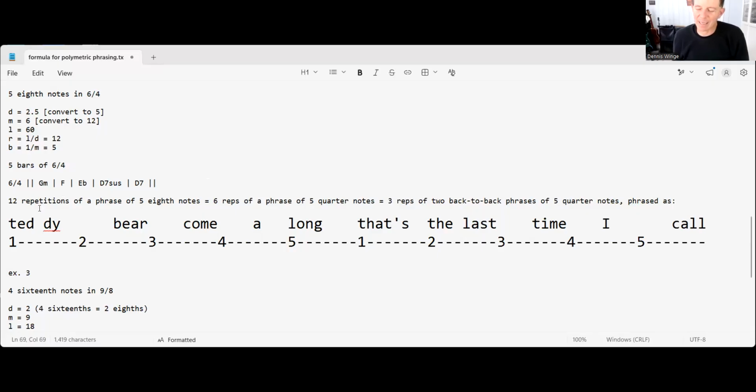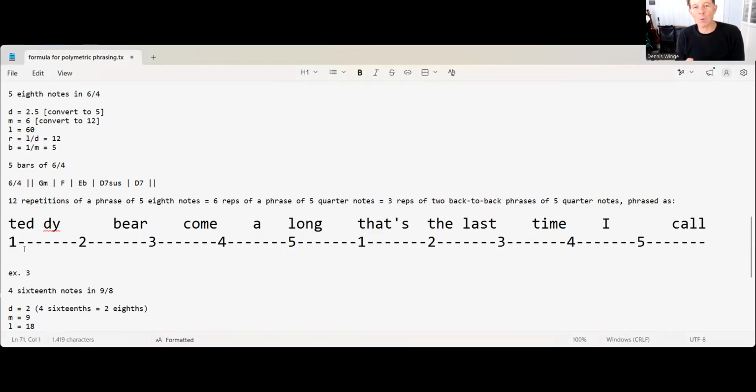And like I have in my course called How to Play Odd Meters Easily, without doing higher math and without having to read music and get too technical, I just came up with English phrases that are in 5/4. Like when you go 1, 2, 3, 4, 5, teddy bear come along, teddy bear come along.